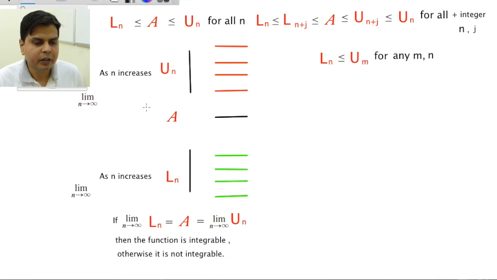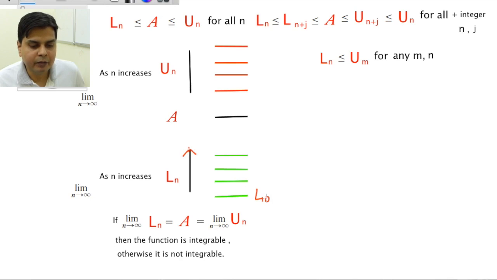Basically this says that the Ln's will be an increasing sequence, or non-decreasing sequence, because in some cases these Ln's may remain at a constant value. So as n increases, that is under the condition of limit n tending to infinity, these Ln's will go on increasing like this.